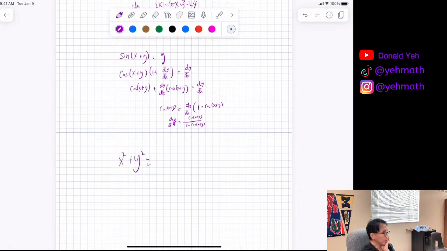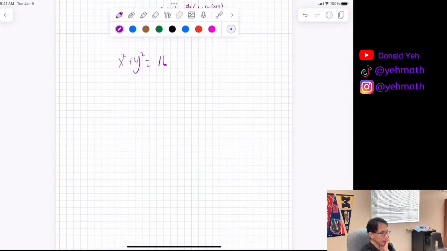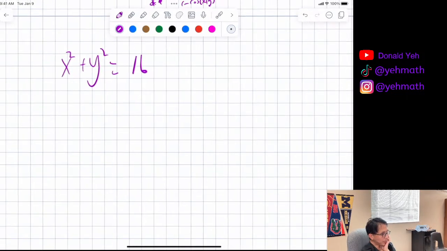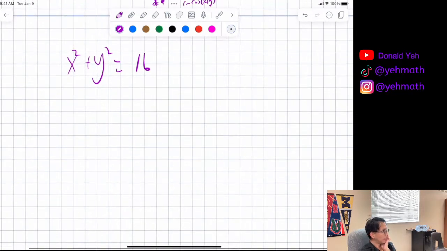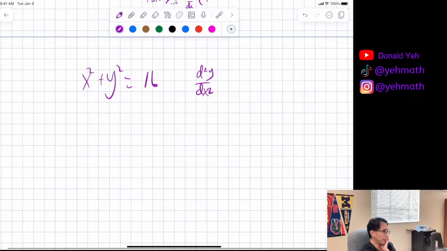Same thing. Now we finished this yesterday. It's x squared plus y squared equal to 16. But most of you were gone when I finished this, so I'm going to start again. If I want to find d2y dx2 here, this one's probably the hardest to see what's going on.